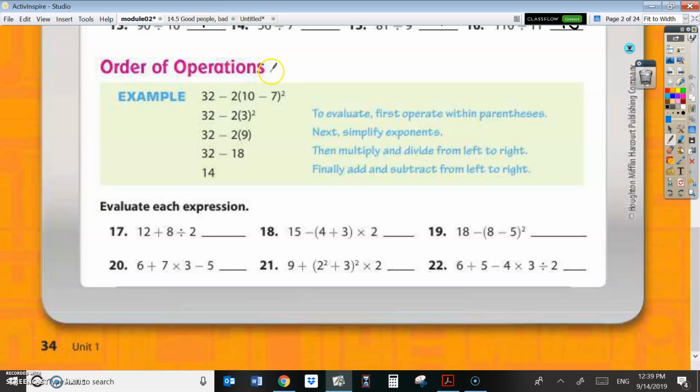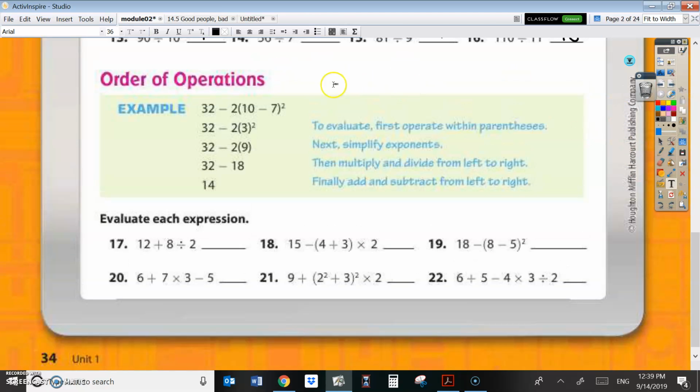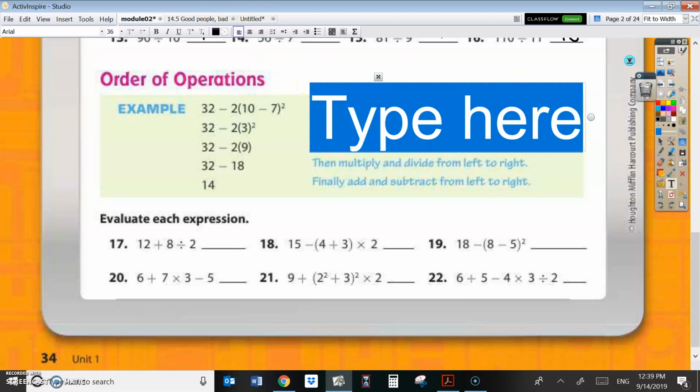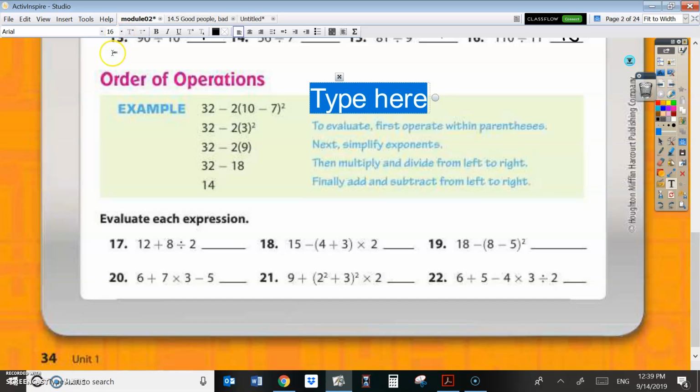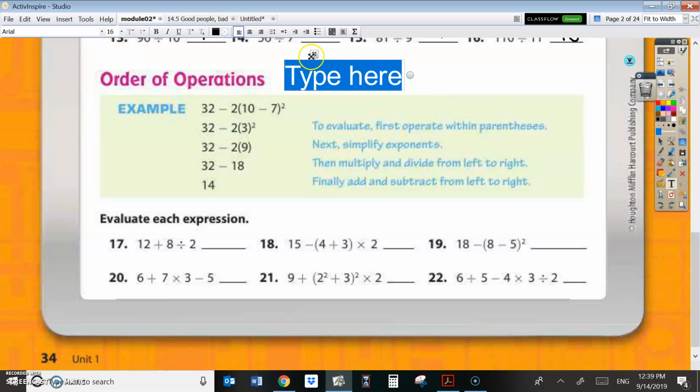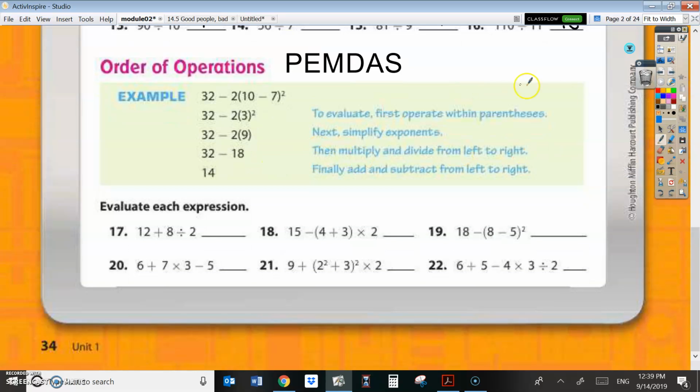Order of operations is interesting. You probably remember, please excuse my dear Aunt Sally. So you need to do parentheses first.